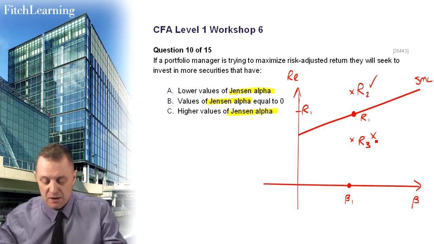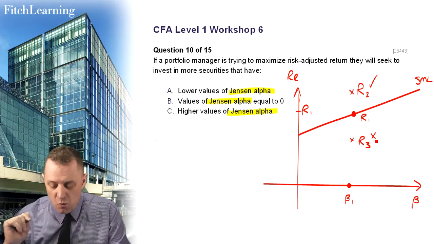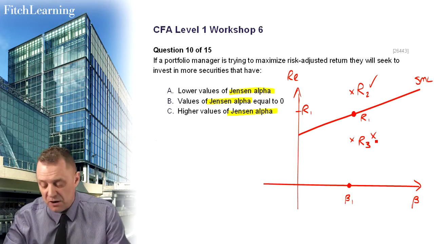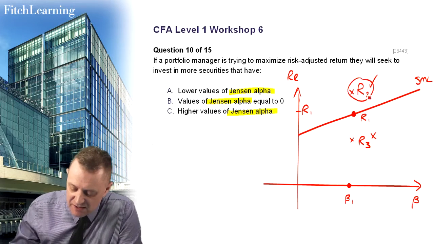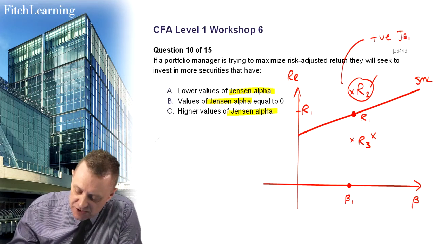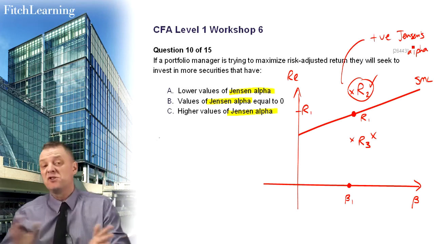Well, clearly R2. But when we look at R2, because that return is higher than what we expect from the securities market line, we actually say that this has got positive Jensen's alpha. More commonly, we probably say it's got positive alpha.